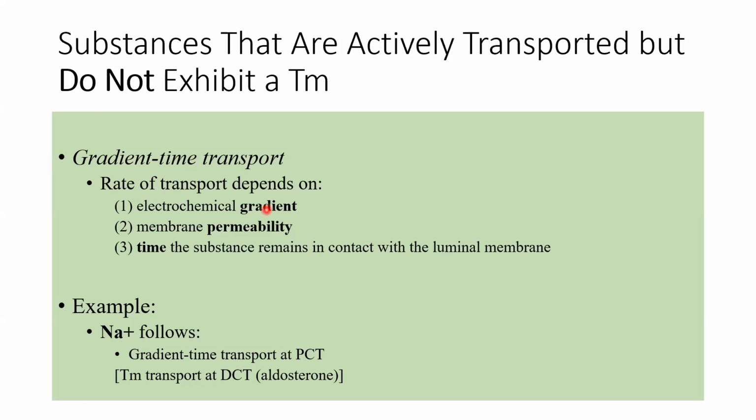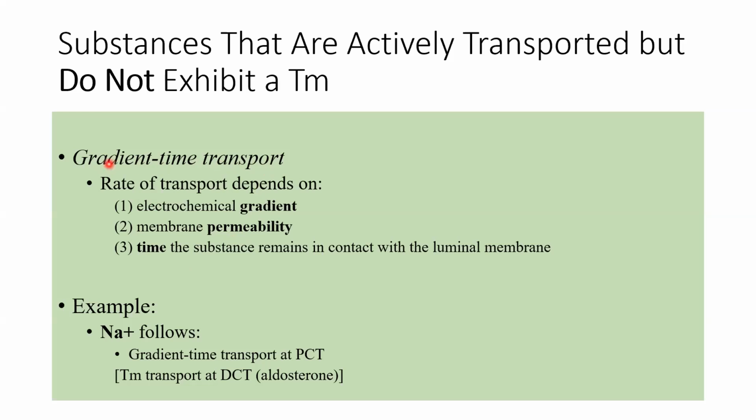And the rate of transport will depend on, again, the gradient, the time, and the permeability of that membrane. If it's normally permeable to that substance, there's no stopping this. So basically, these are the three points. This is called gradient-time transport, as opposed to transport maximum transport.